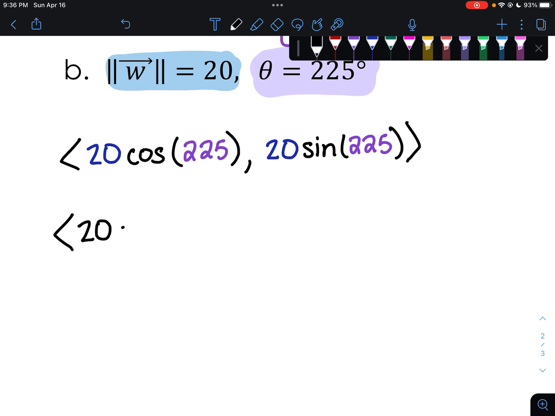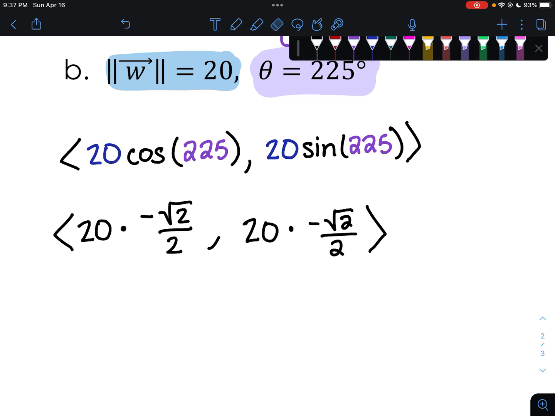So that would be the middle finger down, which leaves us with 2 fingers on top. So we get a negative rad 2 over 2. It's negative because it is in the 3rd quadrant. So same concept over here, the middle finger's down, sine of 225 is negative rad 2 over 2, because again, it is in the 3rd quadrant. Let me fix those.